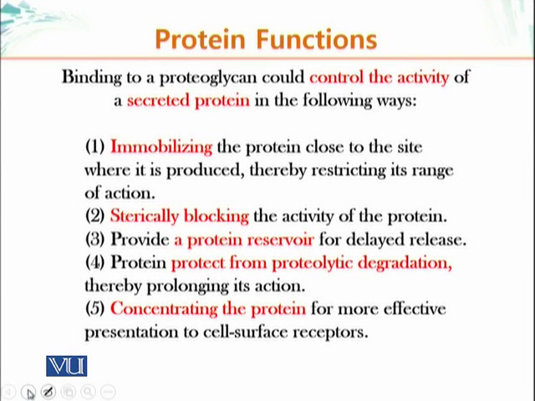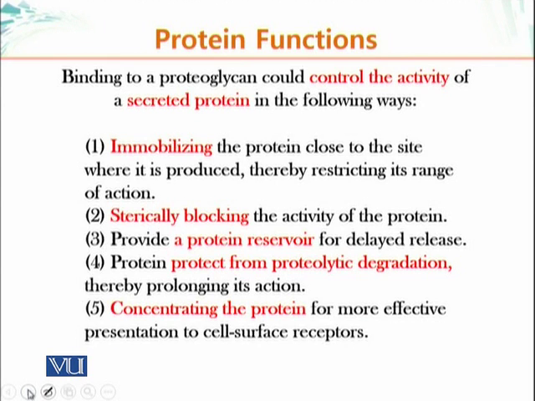They can provide a reservoir for a delayed response. Signaling molecules or specific molecules can be absorbed into proteoglycan structures, and the body can hold them there till they are needed, and at that time they'll be released from this reservoir. They can protect proteins from proteolytic degradation, thereby prolonging their action. For example, we talked about protein enzymes in the lysosome that can degrade proteins.